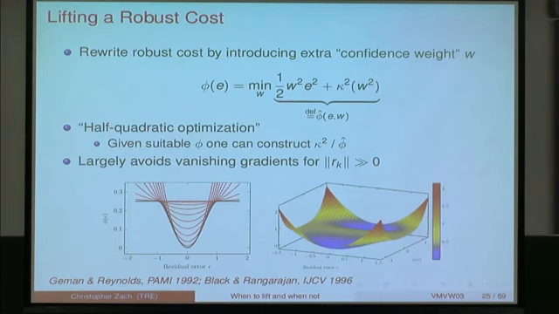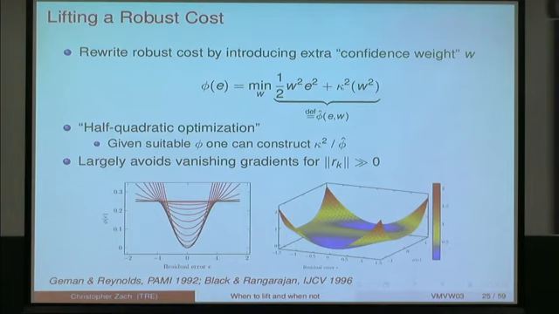And what it also means, as a byproduct, is that when you look at a robust cost on the left, unless you are in what we call the inlier region, near zero, you have vanishing gradients, and this is always causing you problems. If you look at the joint residual and confidence weight space, how this function looks, you have very few vanishing gradients.